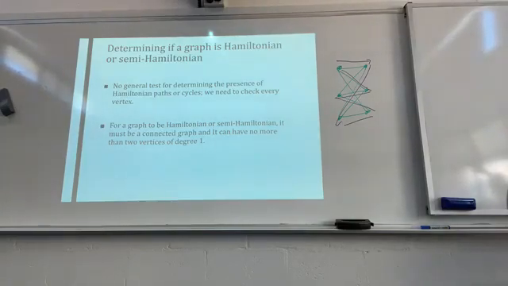We need to check every vertex. This is a pain in the butt. You really have to trace it, and you've got to be careful tracing it. Sometimes the graph can be so complicated. All right? And for a graph that's Hamiltonian or semi-Hamiltonian, it must be a connected graph, and it can have no more than 2 vertices of degree 1. Which means you could have something like this.